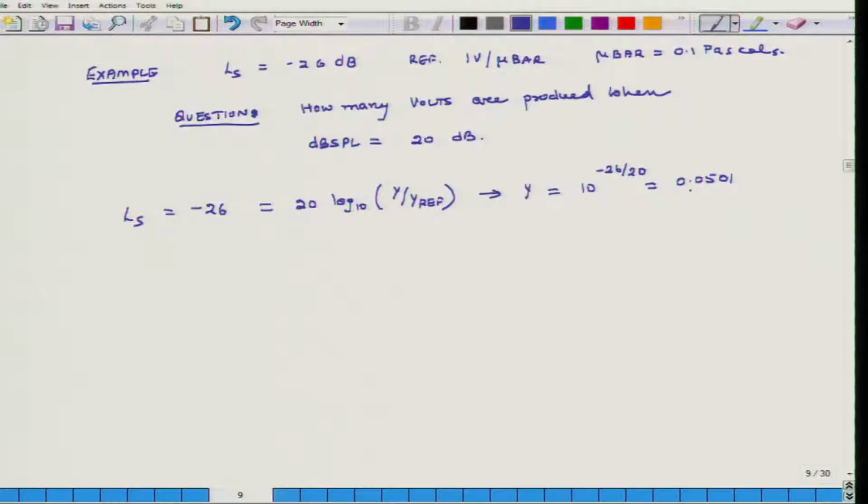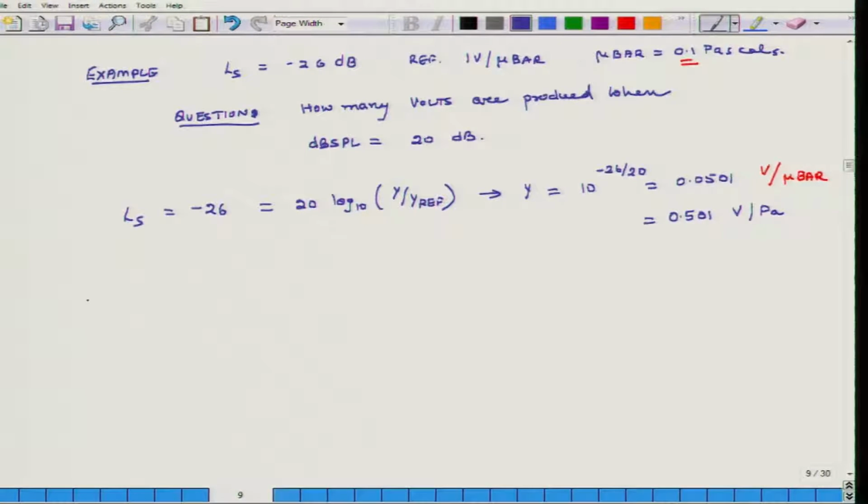Now, what is the unit here? Volts per microbar, which means that if the microphone is subjected to 0.1 Pascals, it will generate 0.05 volts. So, alternatively I can write it as 0.501 volts per Pascal.